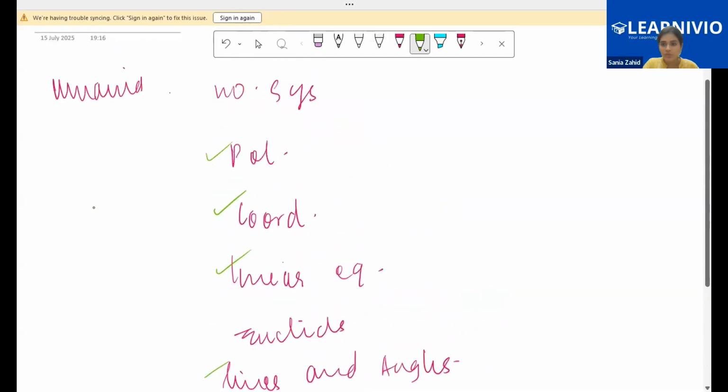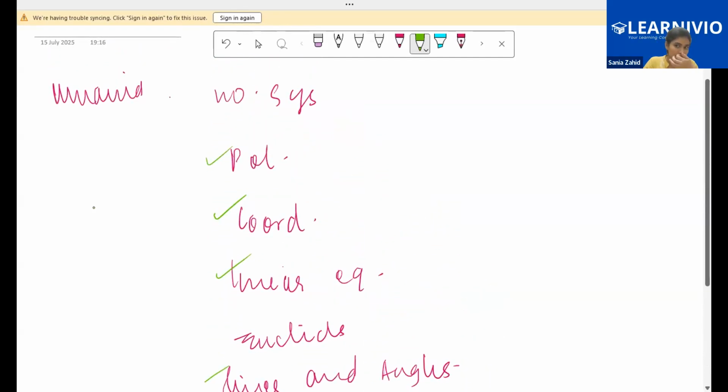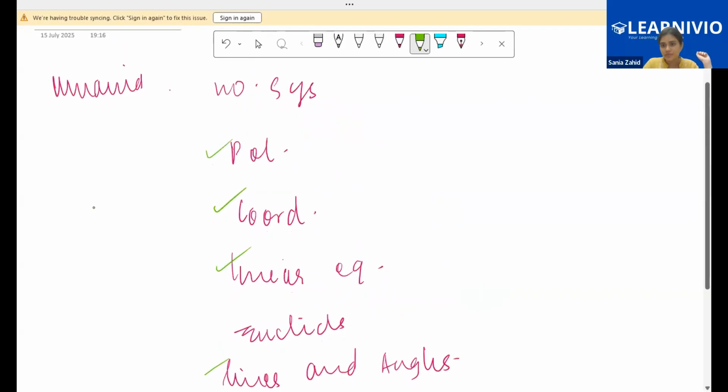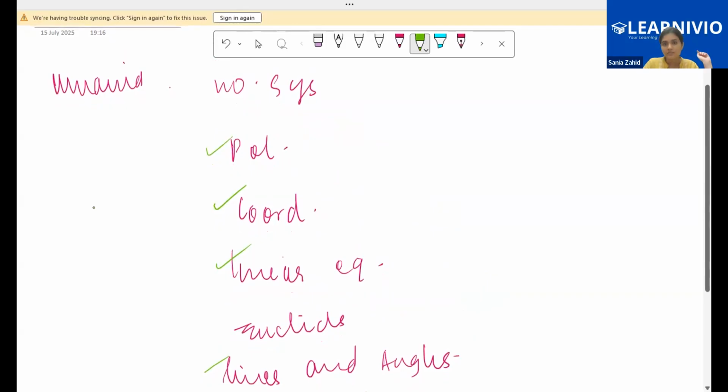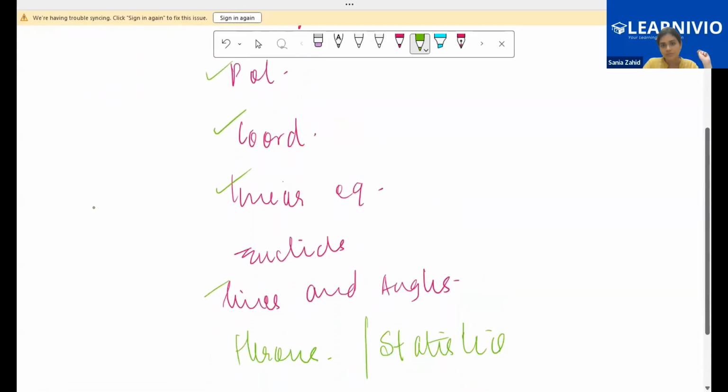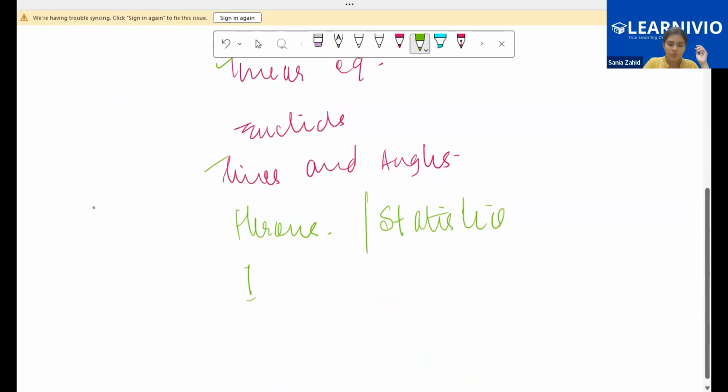Okay, so number system and Euclid has not been completed for Hafsa, right? Then Ammar. Ma'am, we have completed number systems, second polynomials, third coordinate geometry, fourth linear equations in two variables, then introduction to Euclid geometry. Yeah, introduction to Euclid geometry is one thing. Okay. Next.